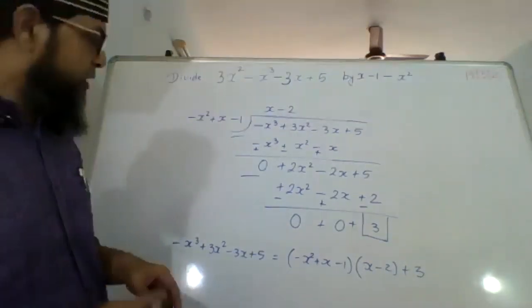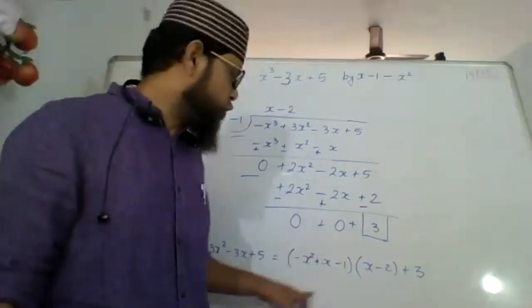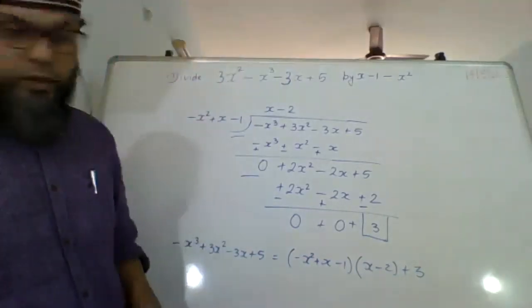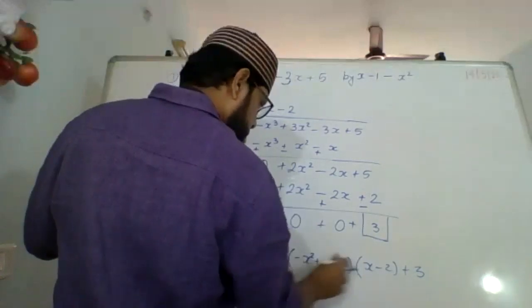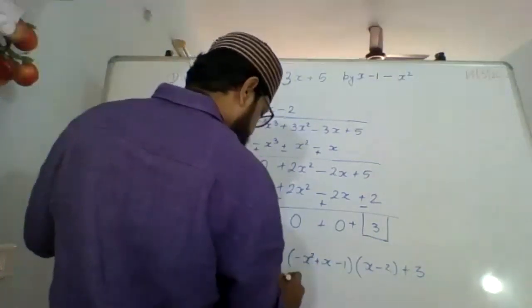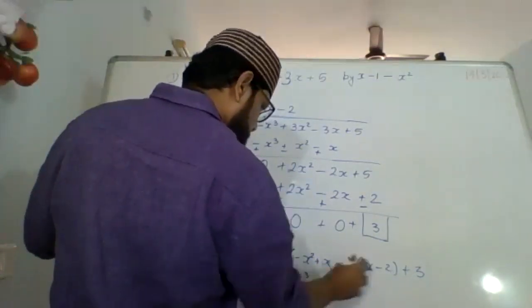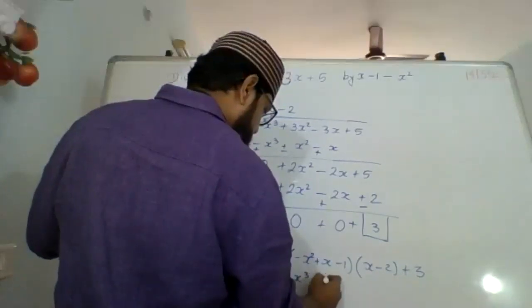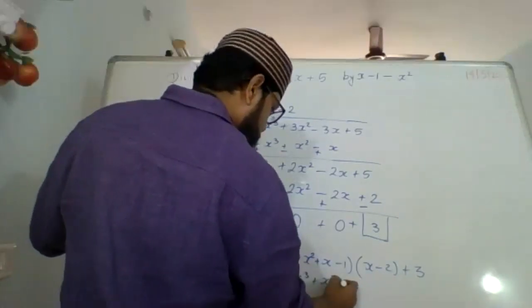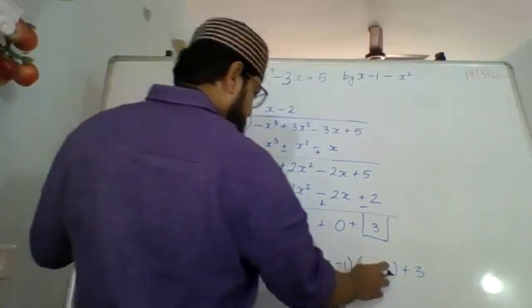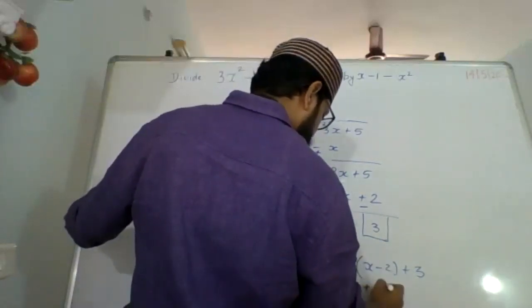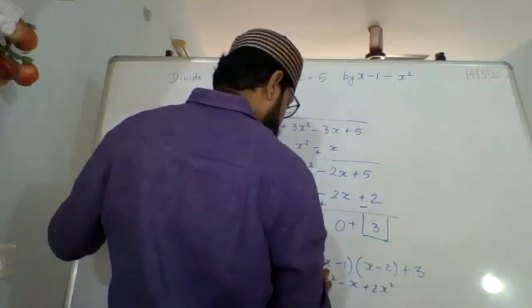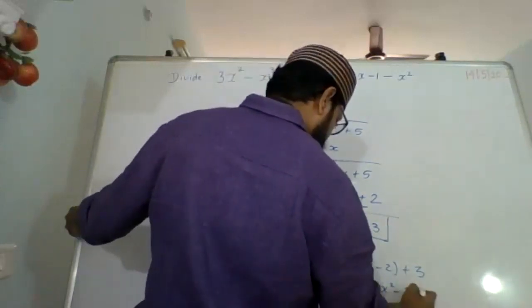And if they ask you to verify, you expand this and show that you get the dividend. So when you expand this, x into minus x square is minus x cube. x into x is plus x square. x into minus 1 is minus x. Minus 2 into minus x square is plus 2x square. Minus 2 into x is minus 2x.